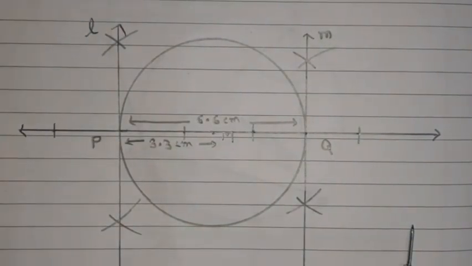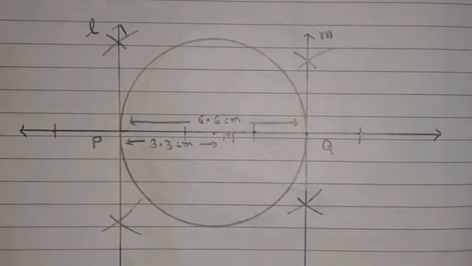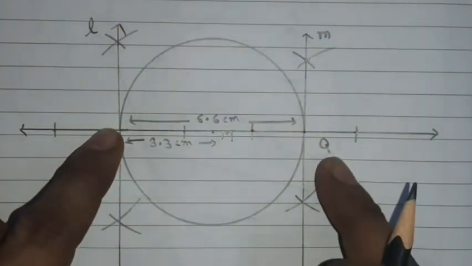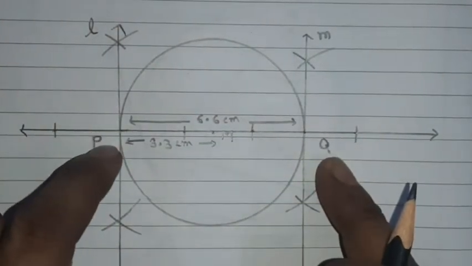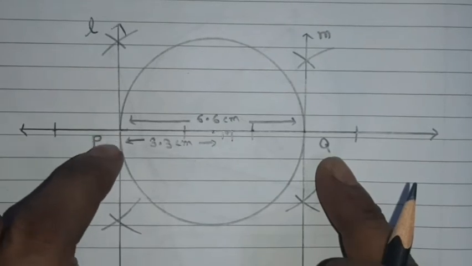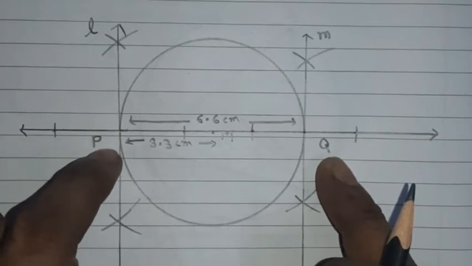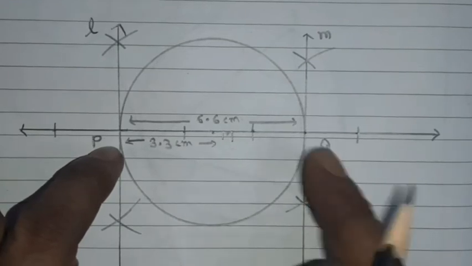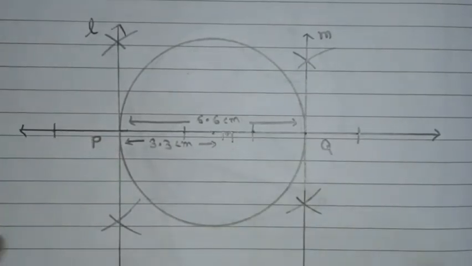Now dear student, we got these two tangents passing through the points P and Q. The segment PQ is a diameter, that is, the length of the chord PQ is equal to the diameter, therefore PQ is a diameter.